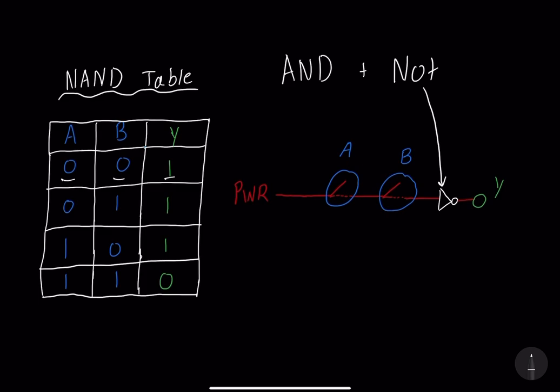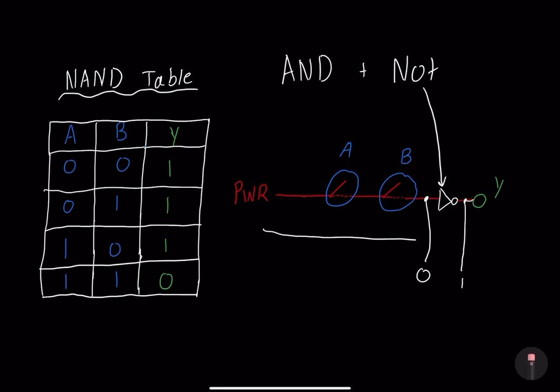Because no current is able to go through here, the binary value will be 0. But if the 0 goes through a NOT, or an inverter, it will turn into a 1 over here. And because it's a 1 over here, the output for Y will be a 1.